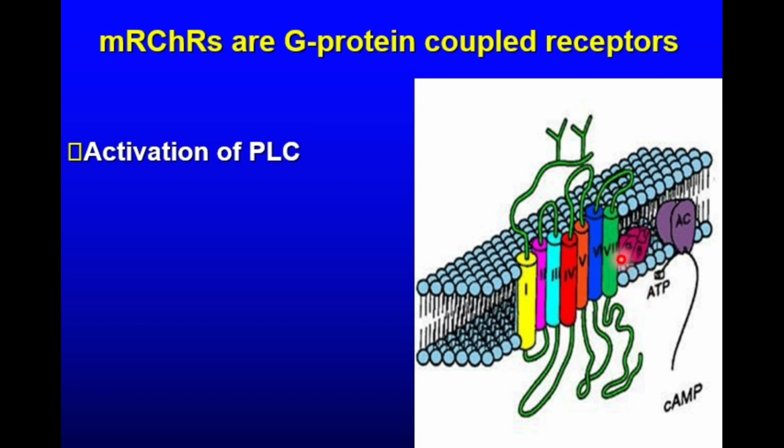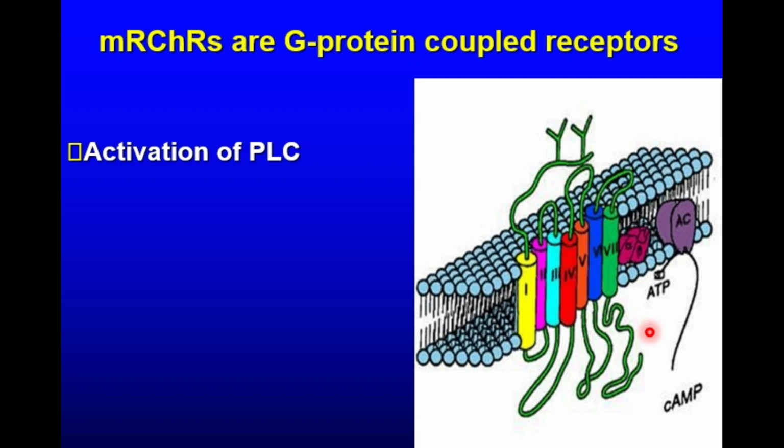They are also known as seven transmembrane spanning receptors: 1, 2, 3, 4, 5, 6, 7. There are several types of G proteins which interact with different receptor subtypes and control different effectors.